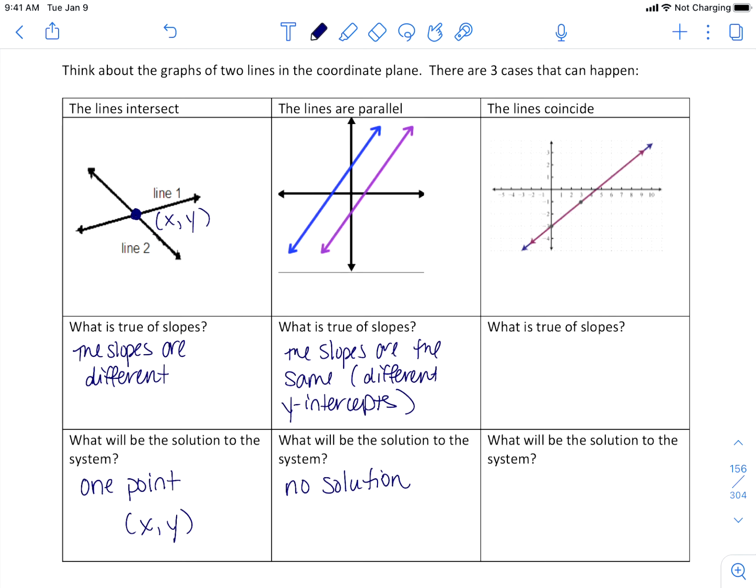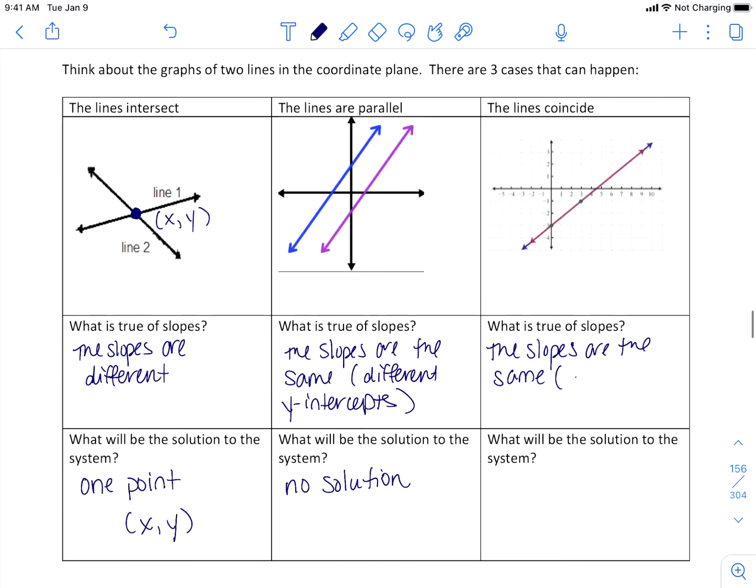The last case is where the lines coincide. If you look carefully, there are 2 lines here. And what's true of the slopes, we have the slopes are the same. And in this case, you also have the same y-intercept.